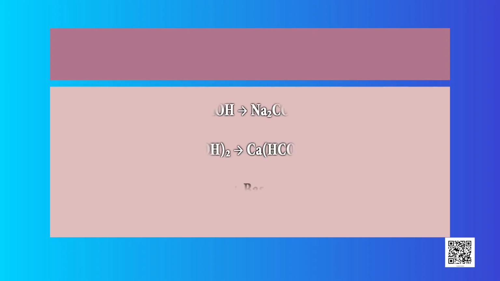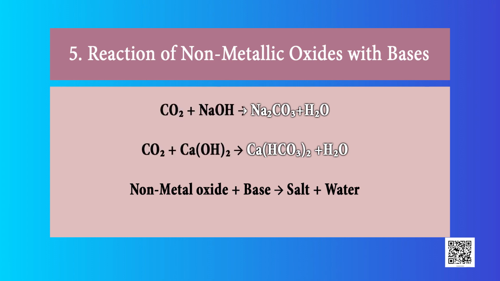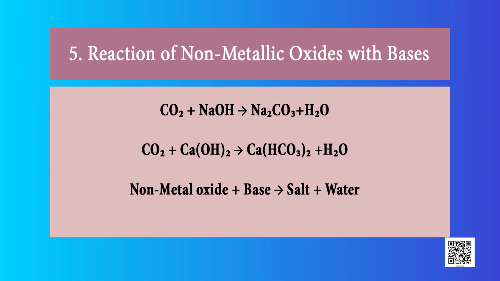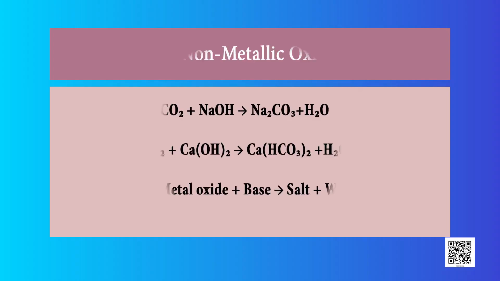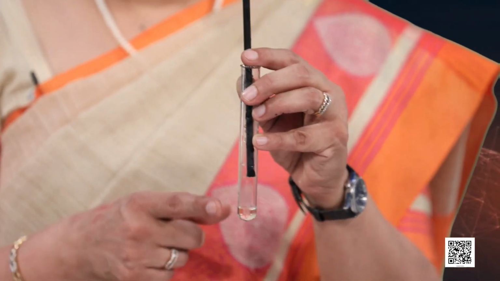So, we can write: non-metallic oxide plus a base again gives me salt and water. Can we write it for the same reaction? So, carbon dioxide was passed into sodium hydroxide, and what would be the salt? Yes, it is sodium carbonate and water that was produced. Okay. So, that is why the color got changed.